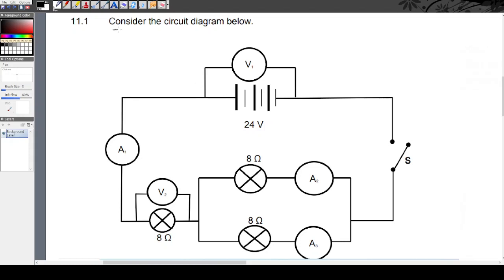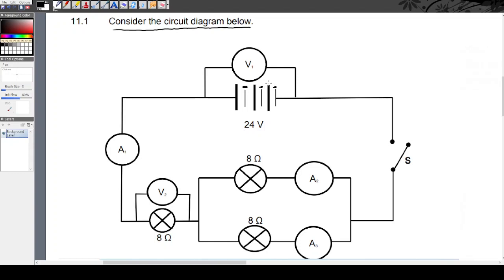We're given question 11 and it says that we are to consider the diagram below. And remember, we said in the previous videos when I was teaching you electric circuits that current starts from the positive terminal of the battery. So the longer terminal, meaning this terminal, is called the positive terminal of the battery, and this shorter terminal is the negative terminal.